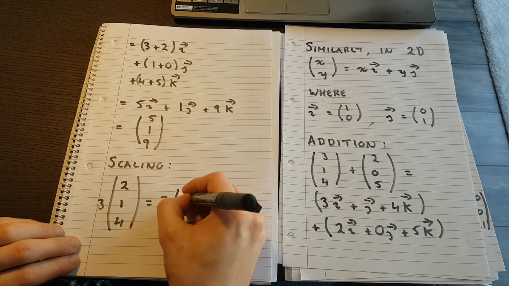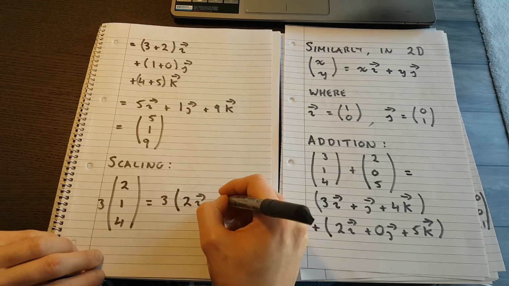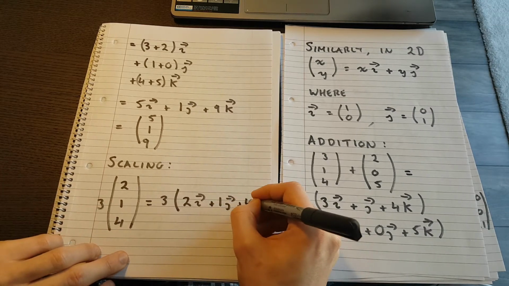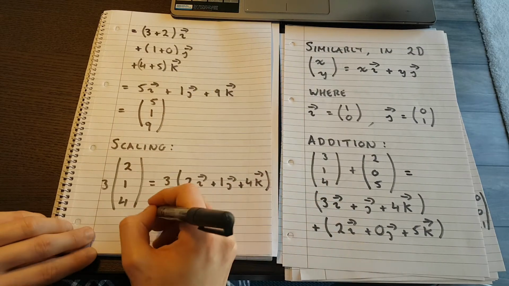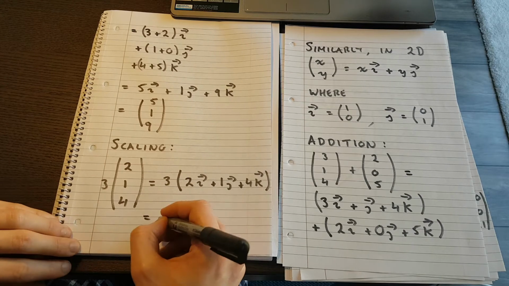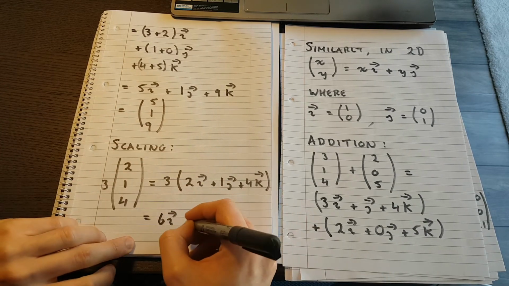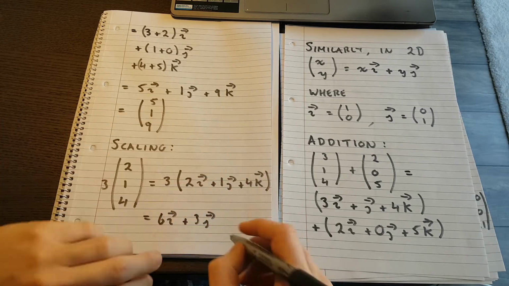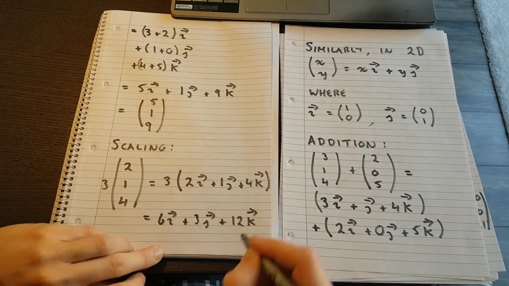So this is 2i plus 1 times j, and I have 4 times k, like that. It's very easy for me to finish this off now. 3 times 2 gives me 6 i's. 3 times 1 gives me 3 j's. And 3 times 4 gives me 12 k's.